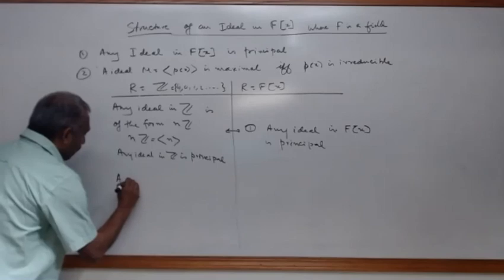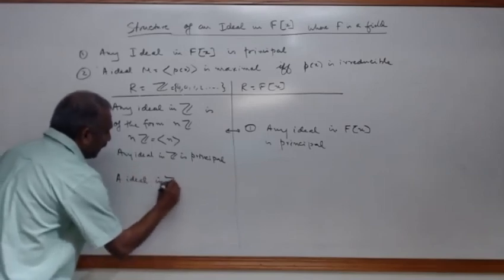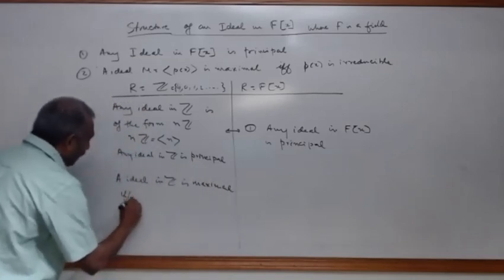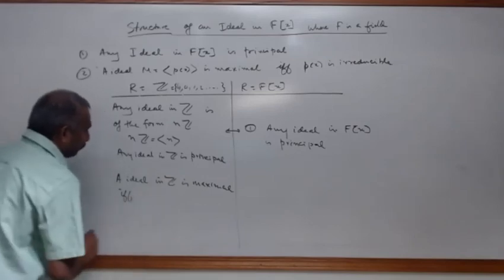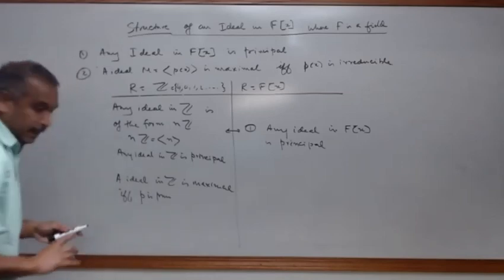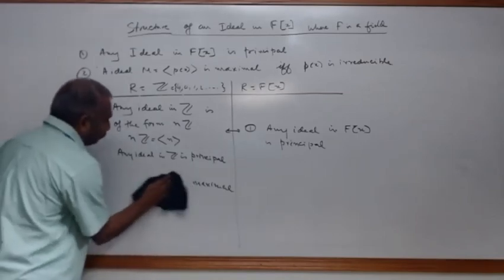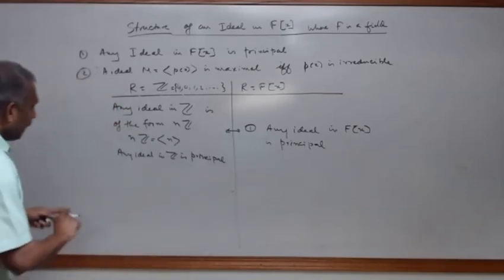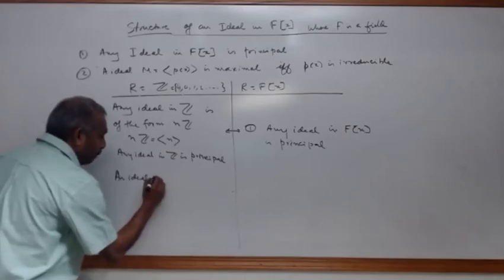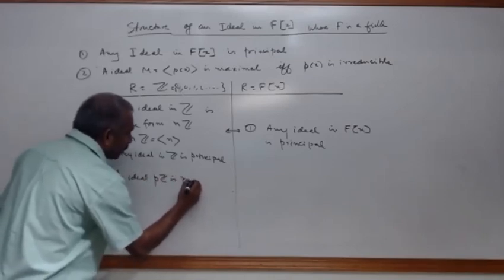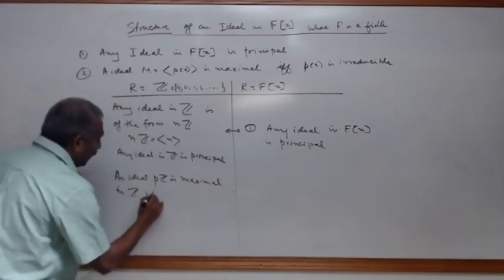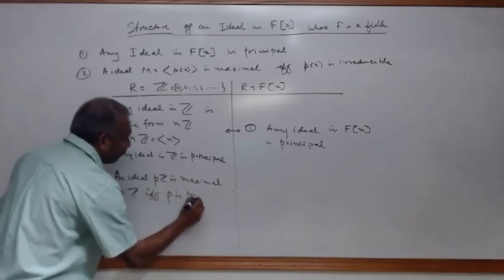An ideal pZ is maximal in Z if and only if p is prime.